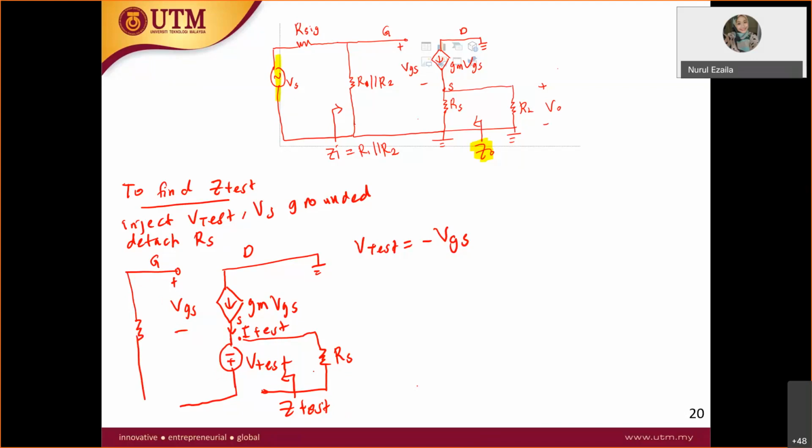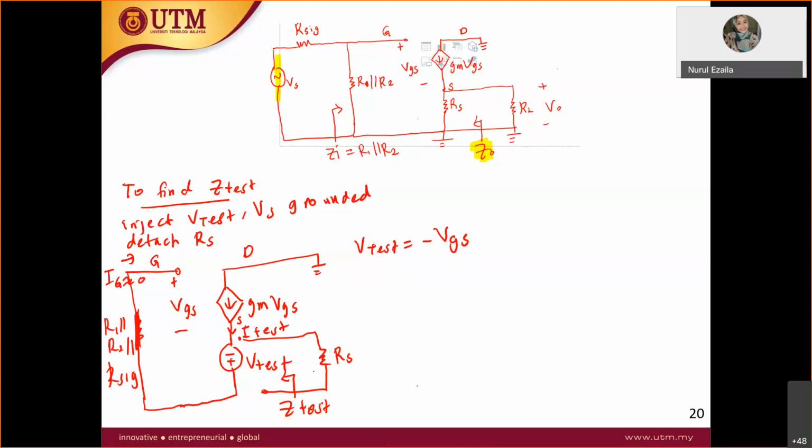Why? Because this IG is always approximately equal to 0. When IG is approximately 0, this one will be a short circuit.